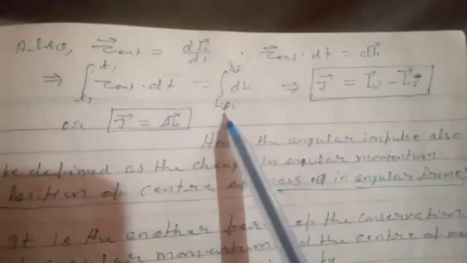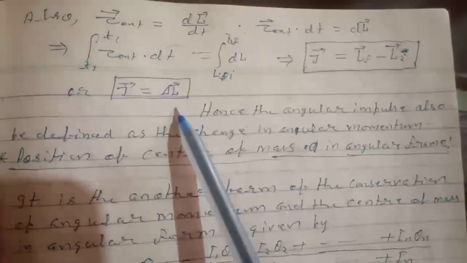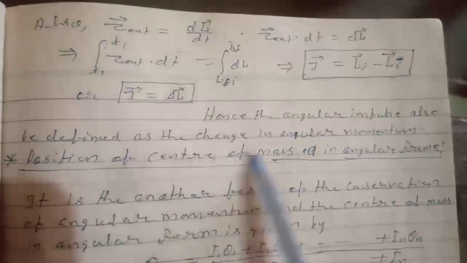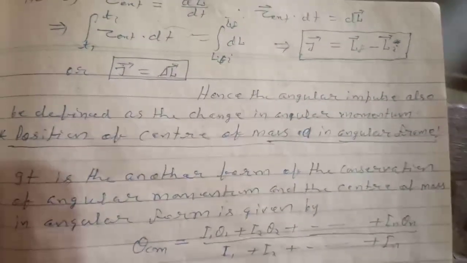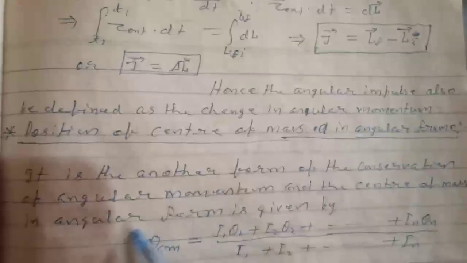This implies integral from t1 to t2 of tau external dt equal to integral from Li to Lf of dL, or J vector equal to Lf vector minus Li vector, or J vector equal to delta L vector. Hence the angular impulse can also be defined as the change in angular momentum, same as linear impulse, that is change in linear momentum is linear impulse.